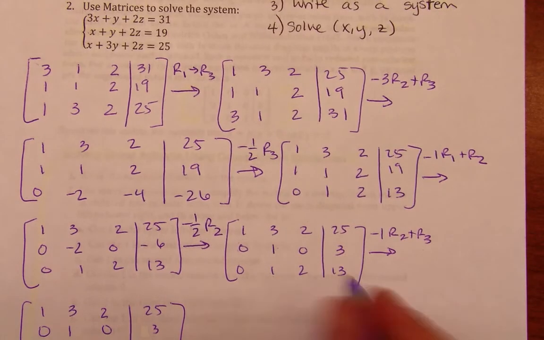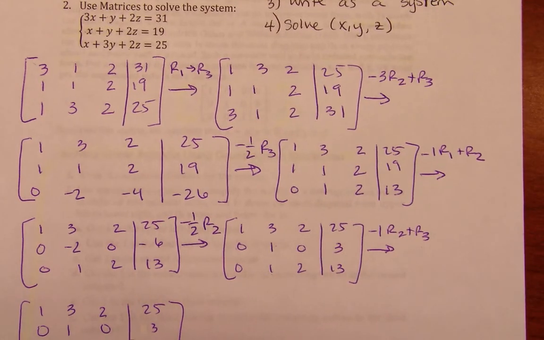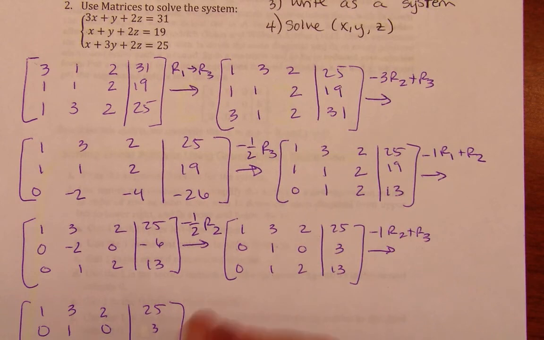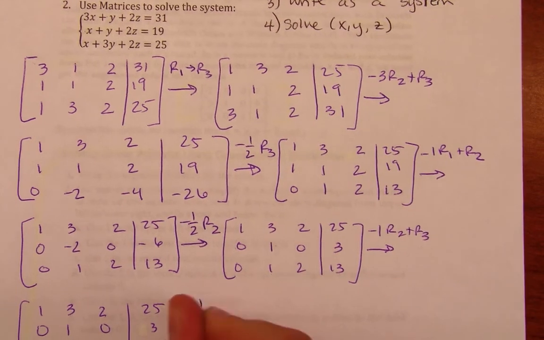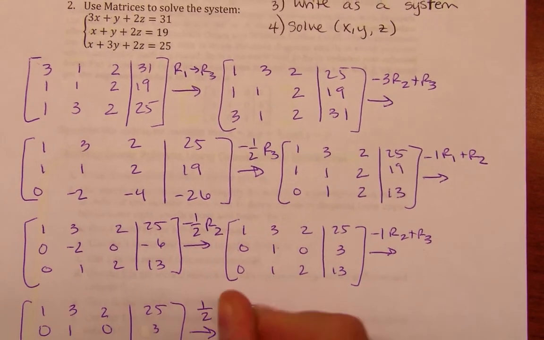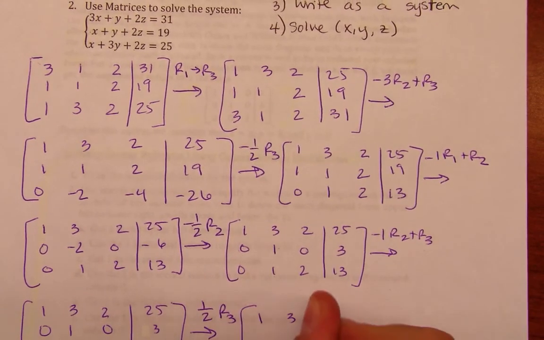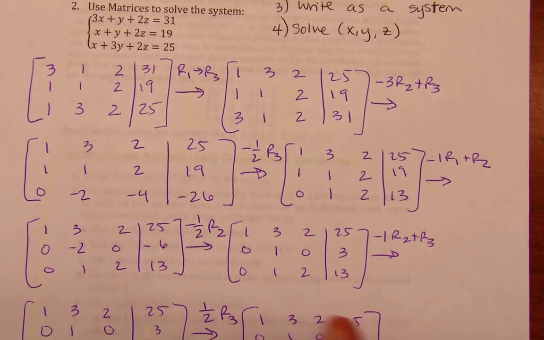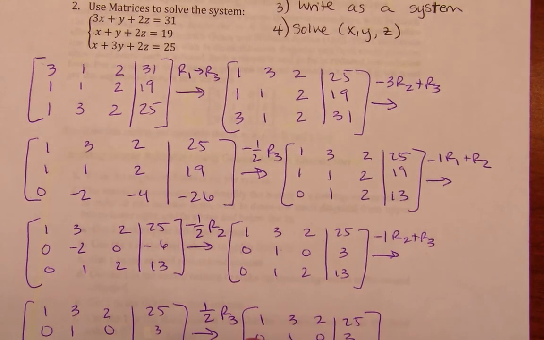And -3 plus 13 is just 10. And then the only thing left is to make this a 1, so I'll just do 1/2 times row 3, and that'll get us there. 1, 3, 2, 25, 0, 1, 0, 3, and 0, 0, 1, 5.